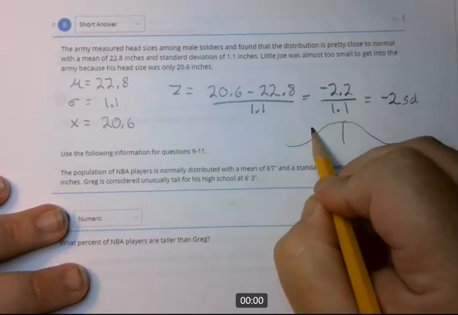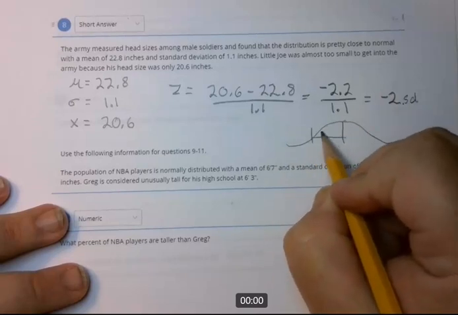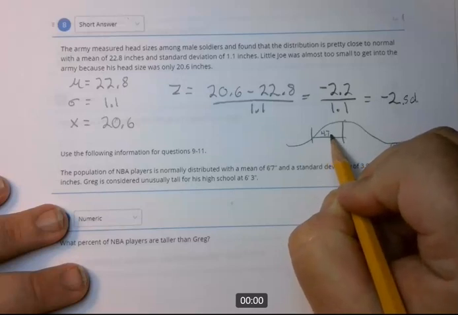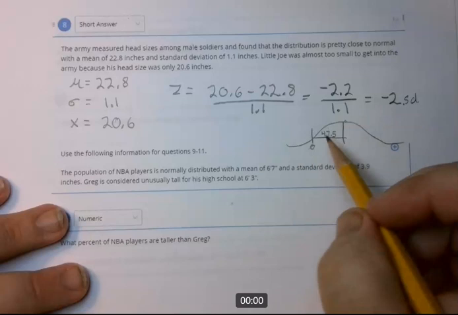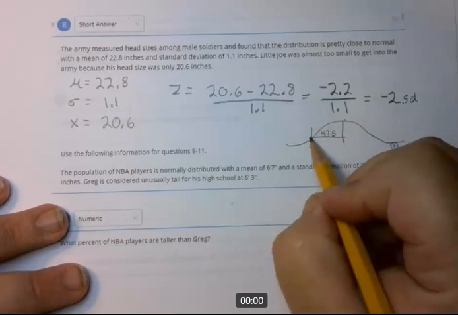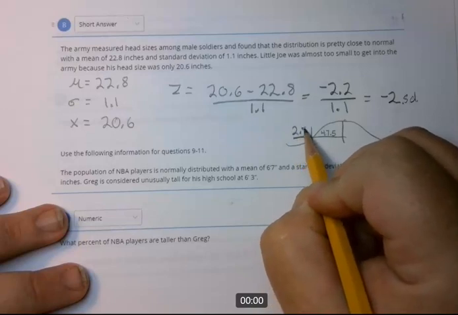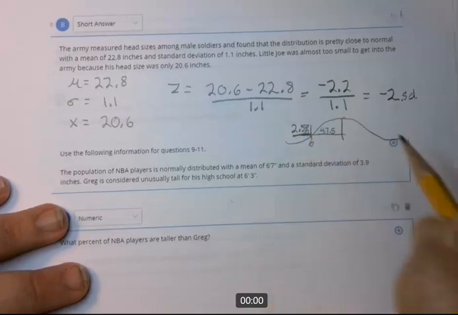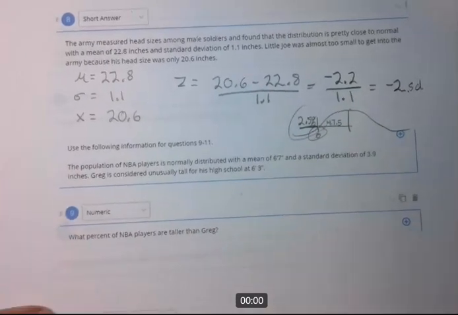Okay, and he's right here. So this is 47.5, and here's little Joe's head right there. So 50 minus 47.5 is 2.5. So there's only 2.5% of all people that have a head smaller than little Joe. Okay, that's one way to look at it. All right, keep going.